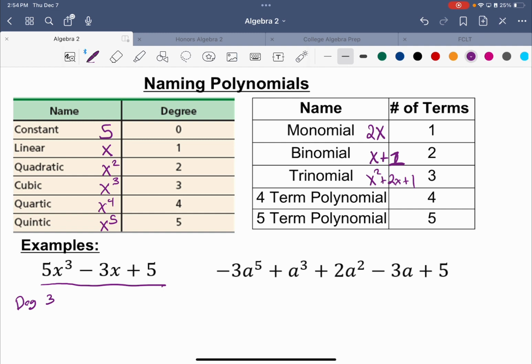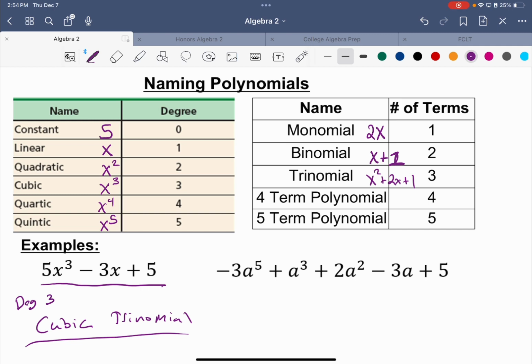What's the name of something that's third degree? Cubic. So we say it's cubic, and then it has three terms, so it's a cubic trinomial. And that's all you have to put if you're asked to name it. It's a cubic trinomial.